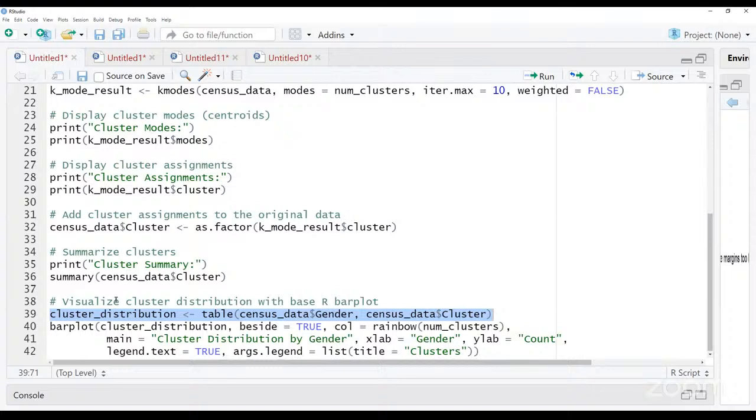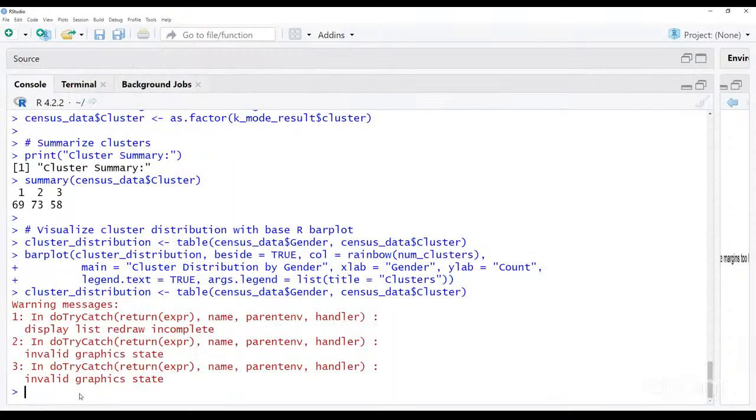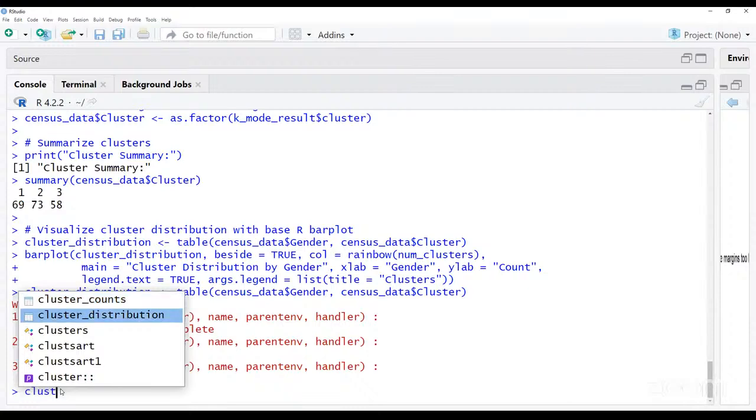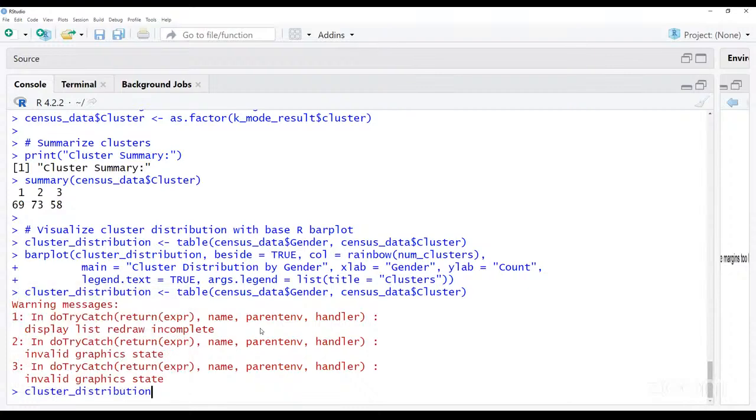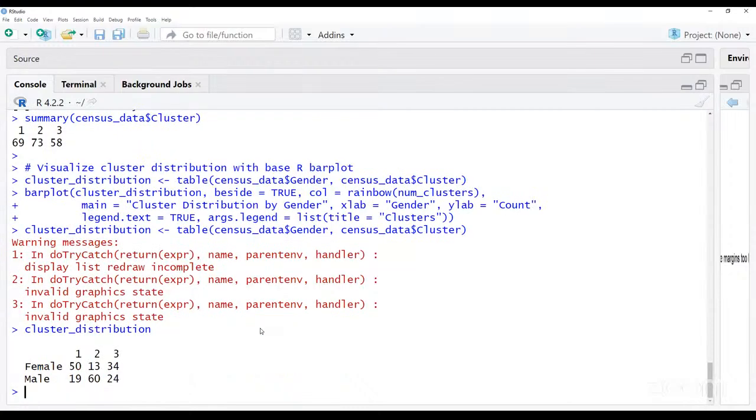Farah, you write down in console cluster distribution. Enter. Yeah, so this is the cluster distribution. Now we can find out how many female and how many male in each cluster.